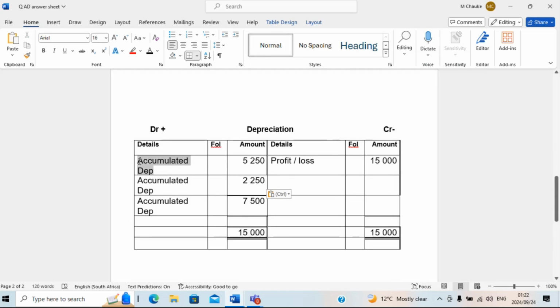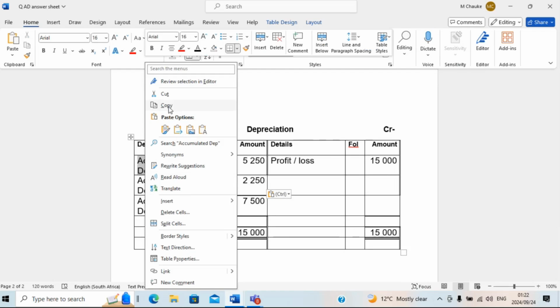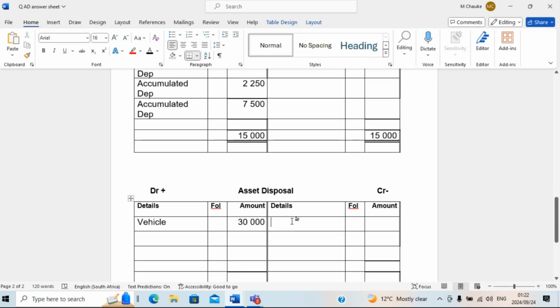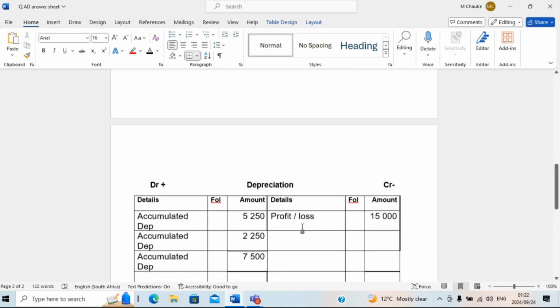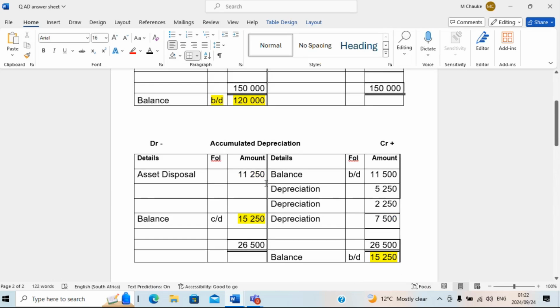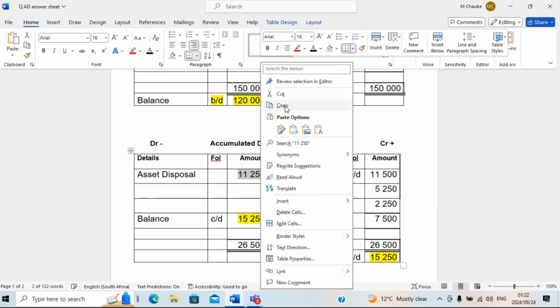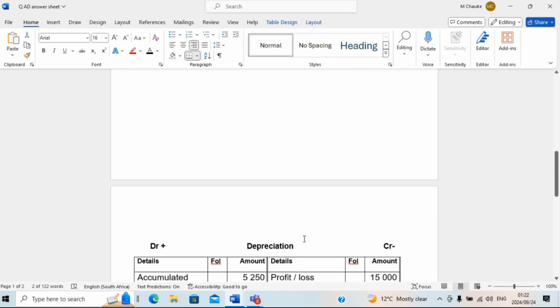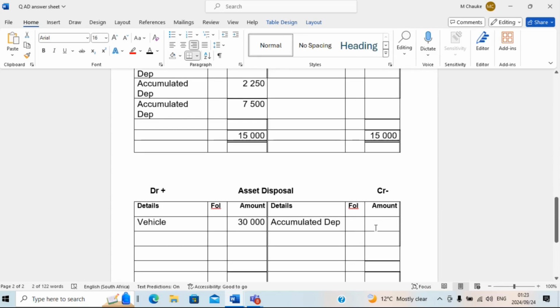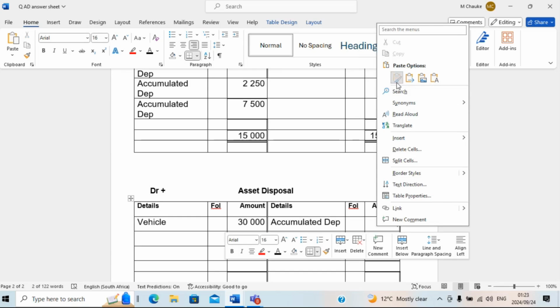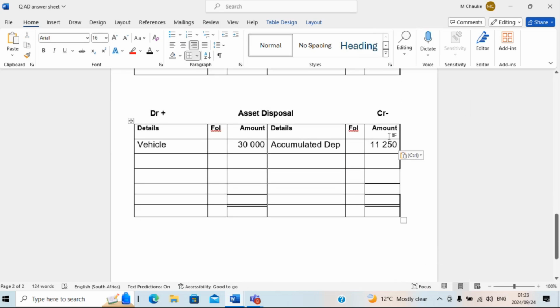I have to record accumulated depreciation on the credit side of the asset disposal. But which one? I'm going to take this one, 11,250, copy it, and put it here. See now, very easy, just to make things quick, right? So this is how we do it.